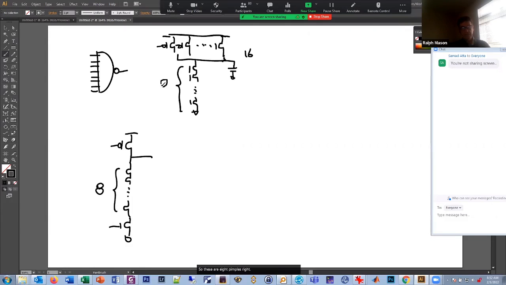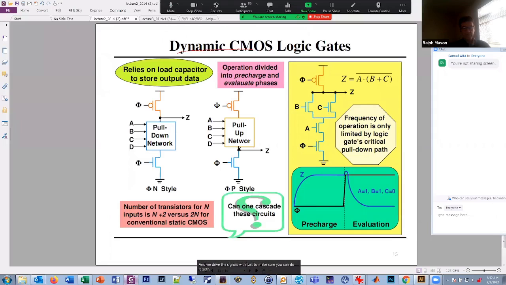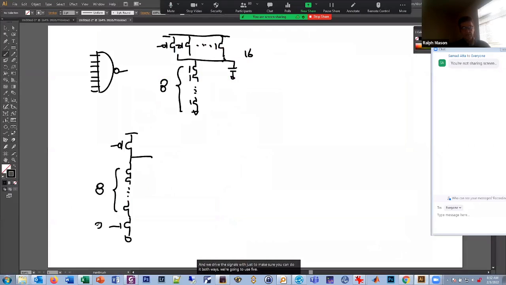Same as here, we had 8 here. And we drive these signals with, just to make sure I use this, you can do it both ways, we're going to use phi. We're going to call this clock phi. Not omega, phi. Or not omicron. The good Greek letter.